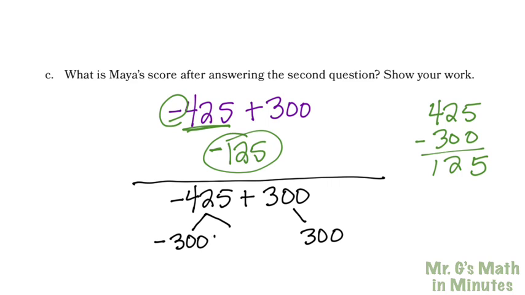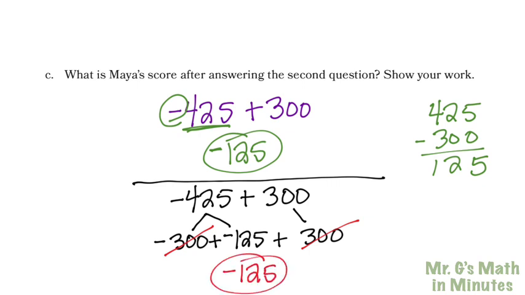And if I took 300 away from 425, that would leave me with a negative 125. It's negative 300 plus negative 125 gives me negative 425. And then those two opposite numbers, negative 300 and 300, would go away, leaving me with my only answer left, negative 125.